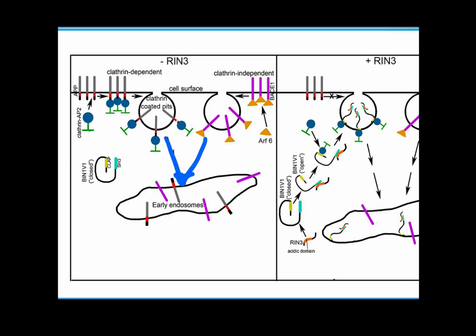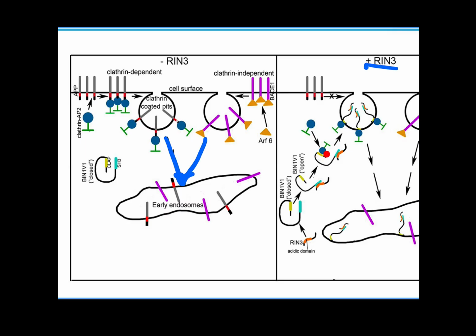What they're arguing is that when there is Rin3, what's happening is Rin3 will go and interact with the SH3 domain of BIN1, freeing the CLAP domain in BIN1. That is BIN1 V1, V9 doesn't have it.